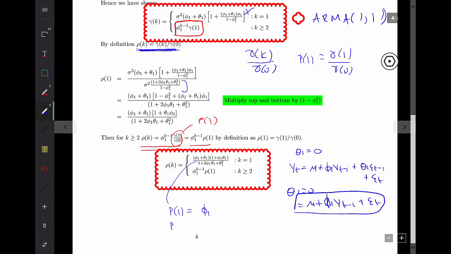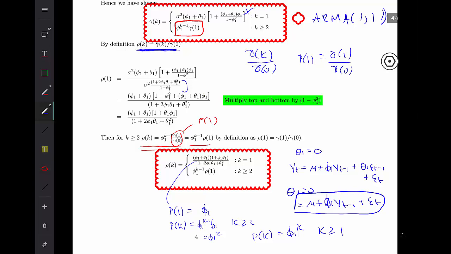Then for the rest, for k greater than or equal to 2, it's going to be phi k minus 1 times phi 1, which is just equal to phi 1 to the k. So in that case, the whole correlation function just equals rho 1 to the k, which we saw for the AR(1). Okay? So we can see that everything fits together.